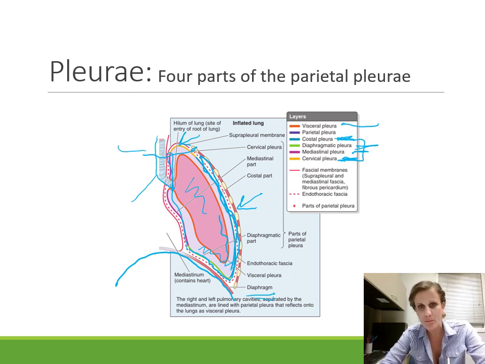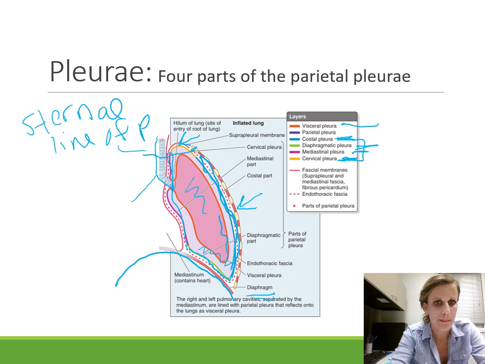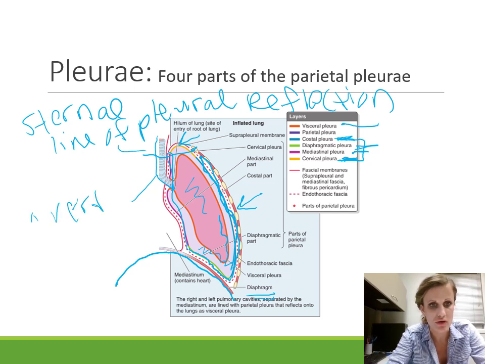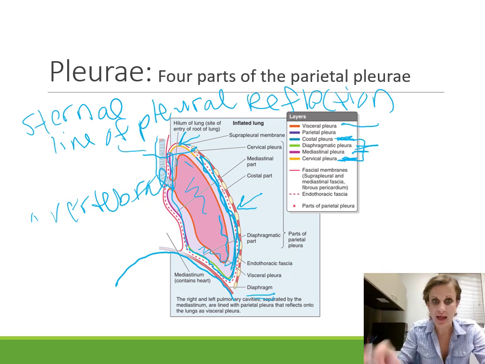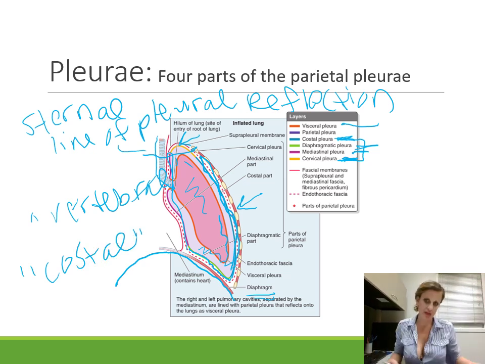We also have what we call planes or lines of reflection, and there are 3 of them. There is the sternal line of pleural reflection, and then there's also a vertebral line of pleural reflection and a costal line of pleural reflection.